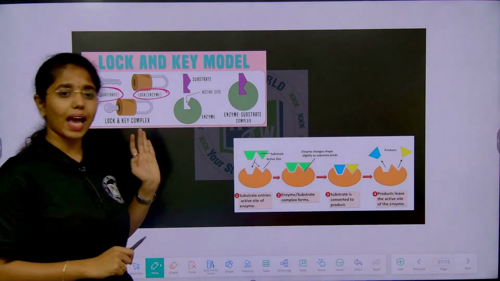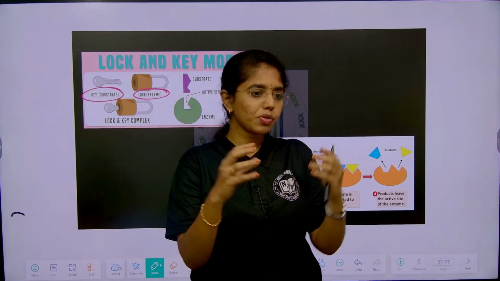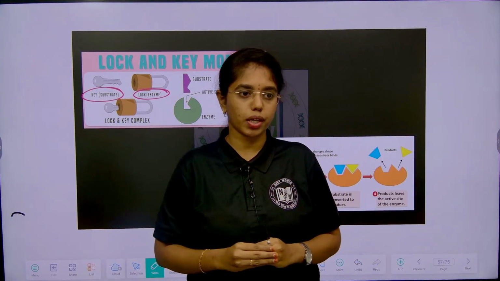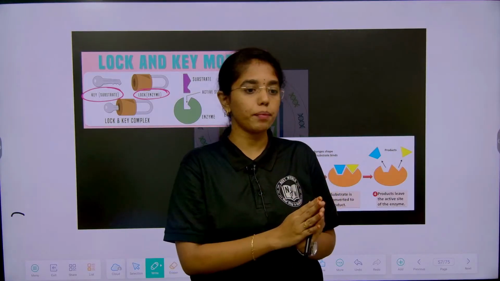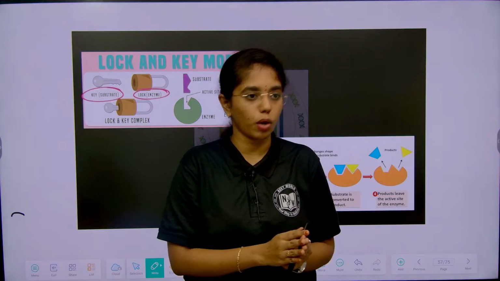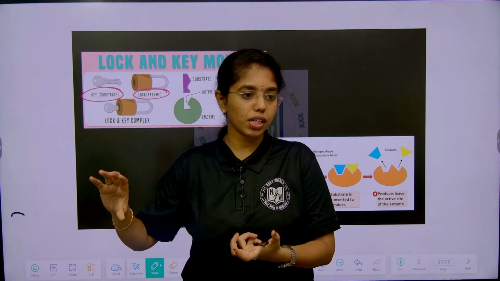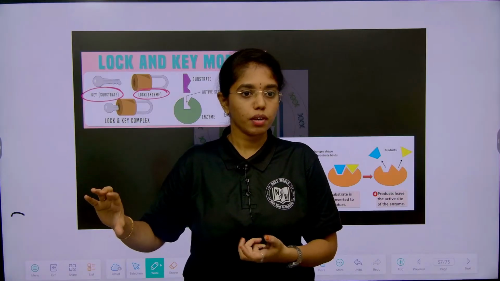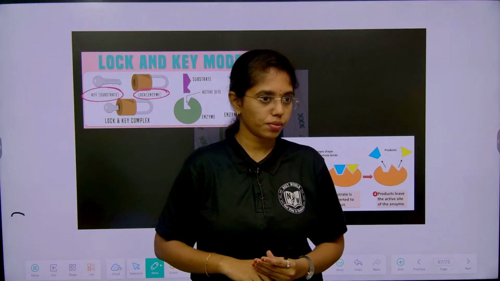But is it accepted in biological systems, where not all enzymes will have the exact size of the substrate? So the model proposed by Koshland, the induced fit model, is more appreciated. For example, if we purchase a set of gloves for the entire class, the same set of gloves fits all the hands, right?